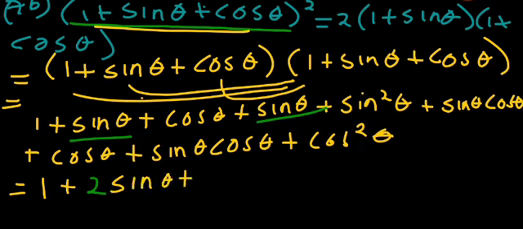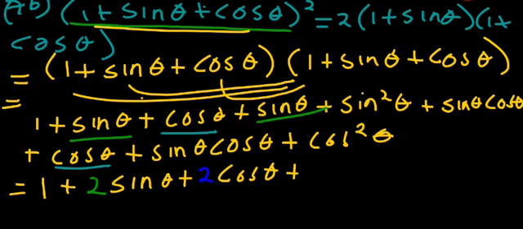And then plus we've got cos theta there, and even here cos theta, so we've got 2 cos theta, okay, and then plus what else do you have?